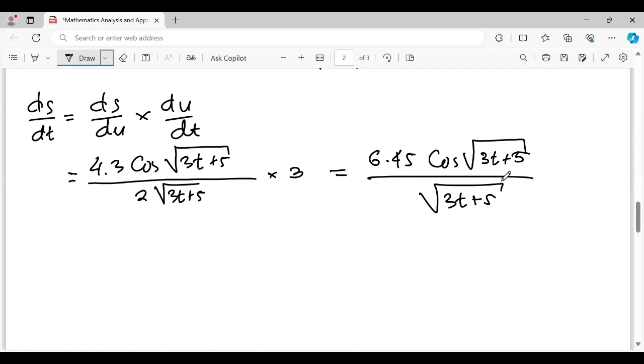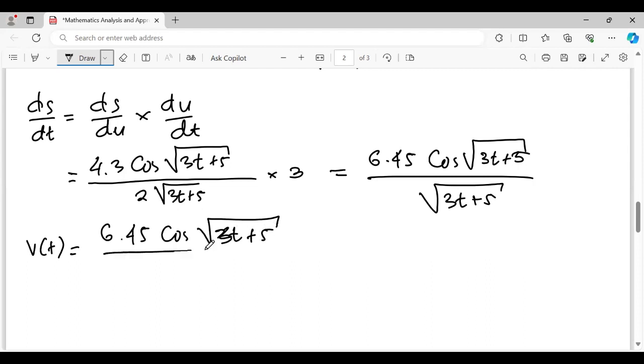If we're going to sketch, this is v, so v equals 6.45 cosine square root of 3t plus 5 over square root of 3t plus 5.